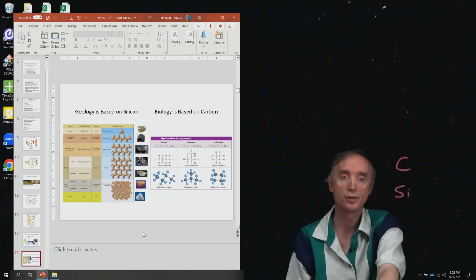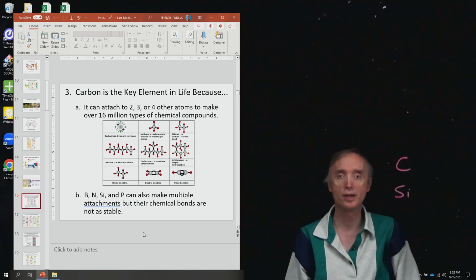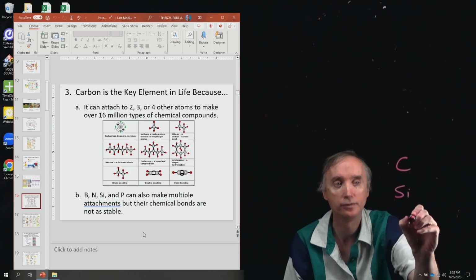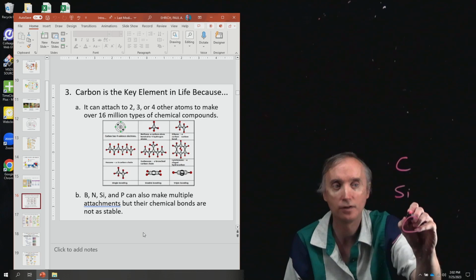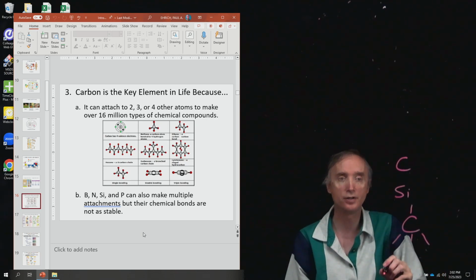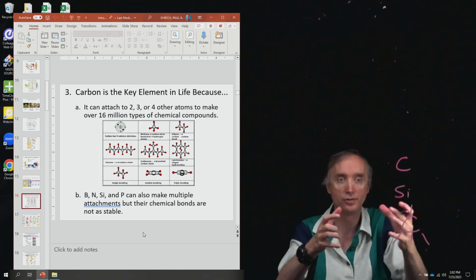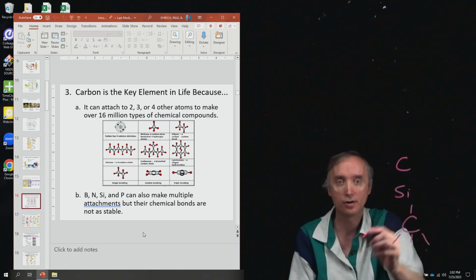And then this again is a comparison of geology and then biology. So you should also be able to explain to me, why is carbon so important? So the idea that carbon has 4 valence electrons, and each of those electrons can act like a hook so that they can hook onto other atoms. And so you can start to build up organic material based on carbon.